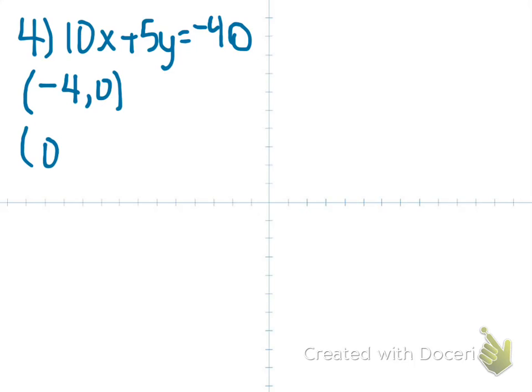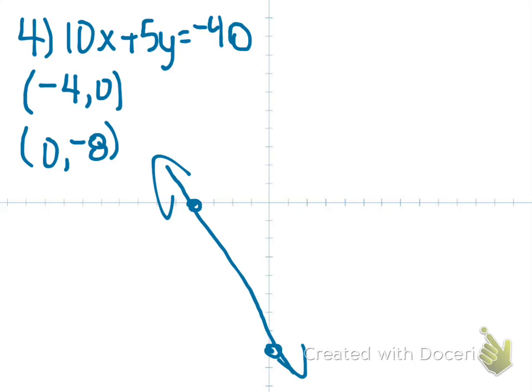Negative 40 divided by 5 is negative 8. So negative 4 on the x, negative 8 on the y. Then connect the two points. Hopefully these connections are a little better, but I'm trying to draw quickly, but you get the point.